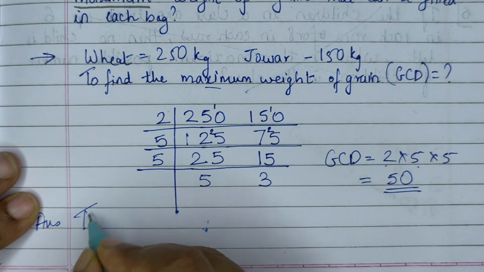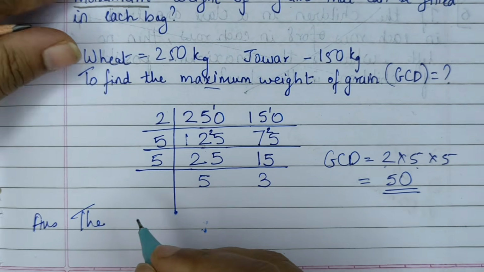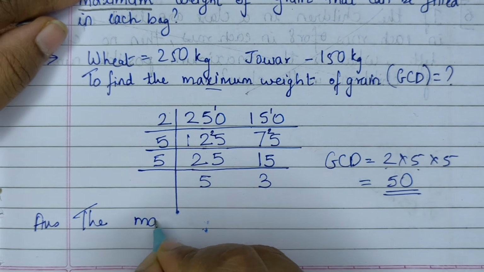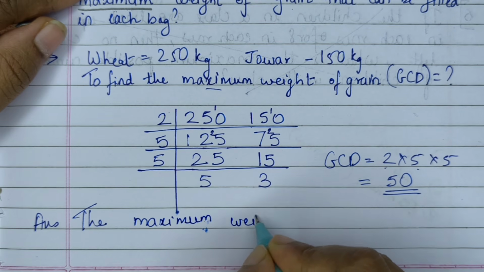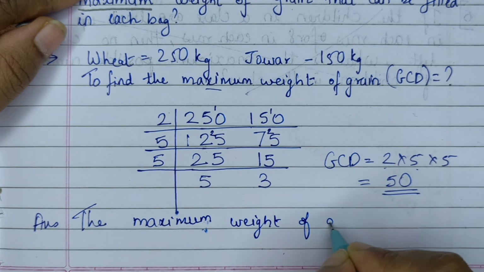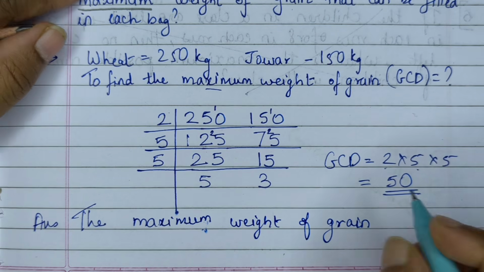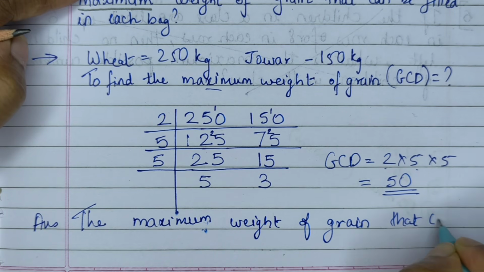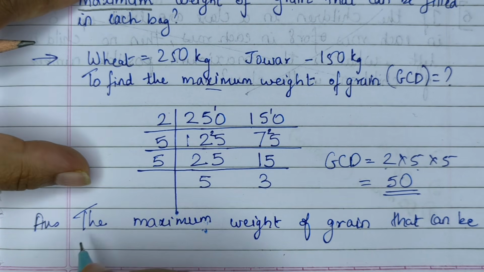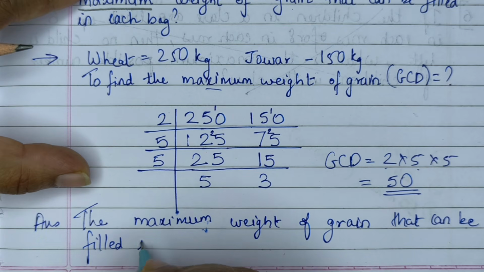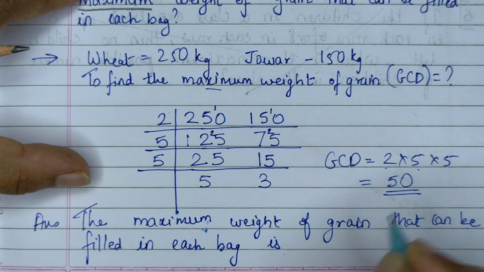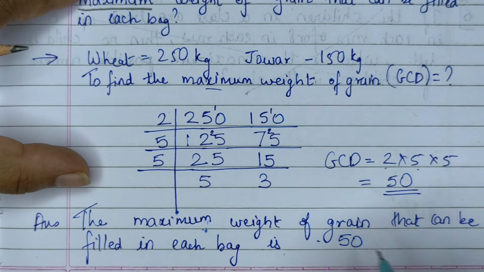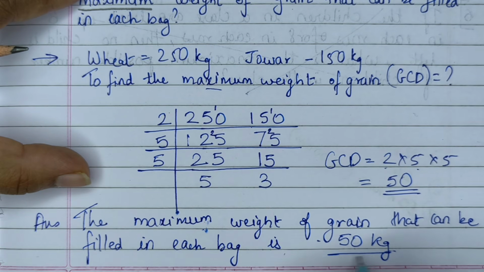So we can write, the maximum weight of grain that can be filled in each bag is 50 kgs. Don't forget to write the unit kgs.